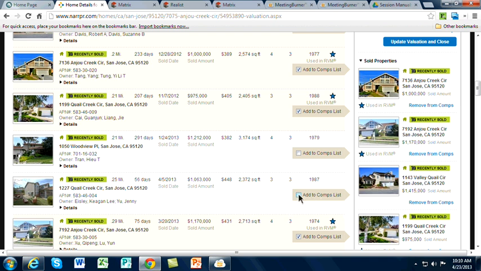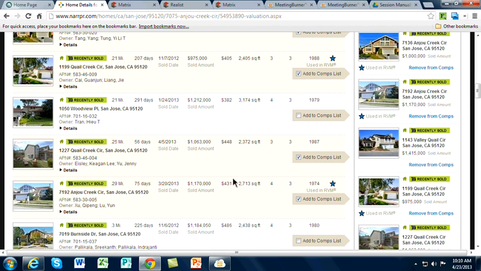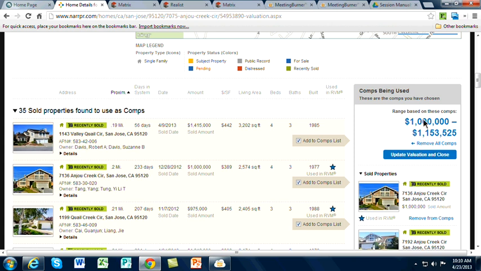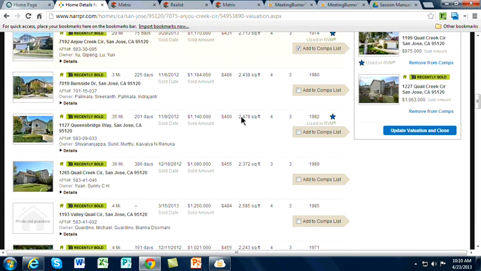But do you understand the way I would figure this out? This is dollars per square foot. So what I would do is I would go down here and I would find some that have a higher dollar per square foot. And by clicking on them and adding them in, it modifies my comps.